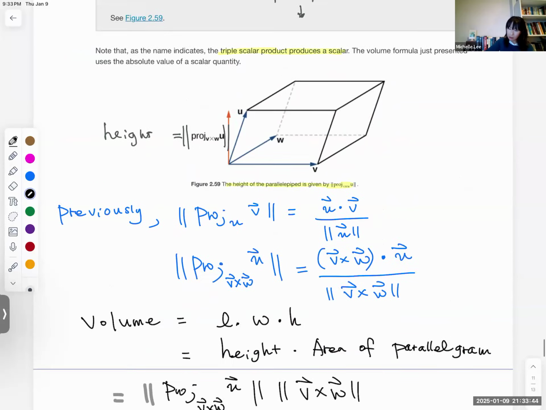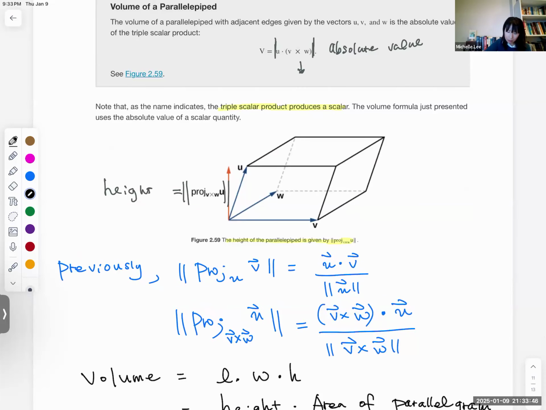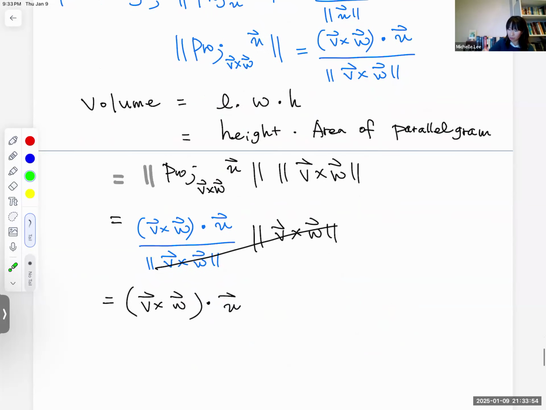Yeah, can you see that? So u dot product with cross product of v and w. So we have this one, right? So I can just change that because dot product is commutative. We can use that, right?